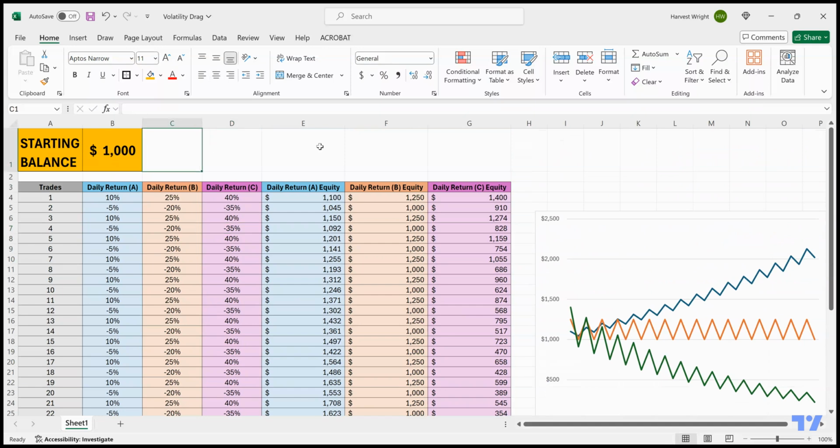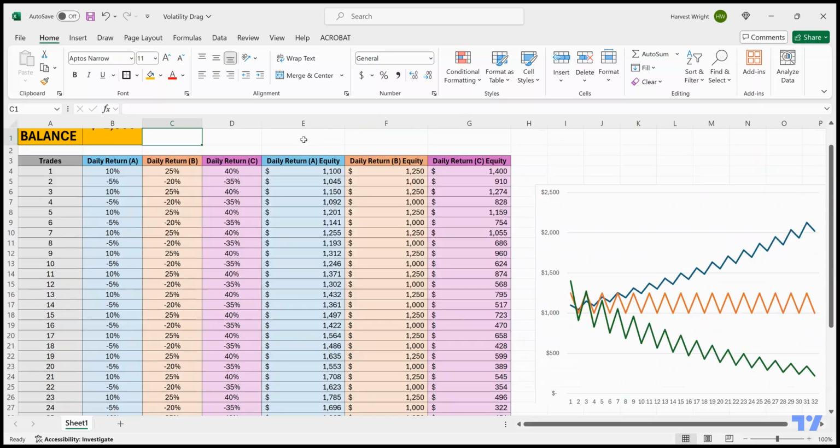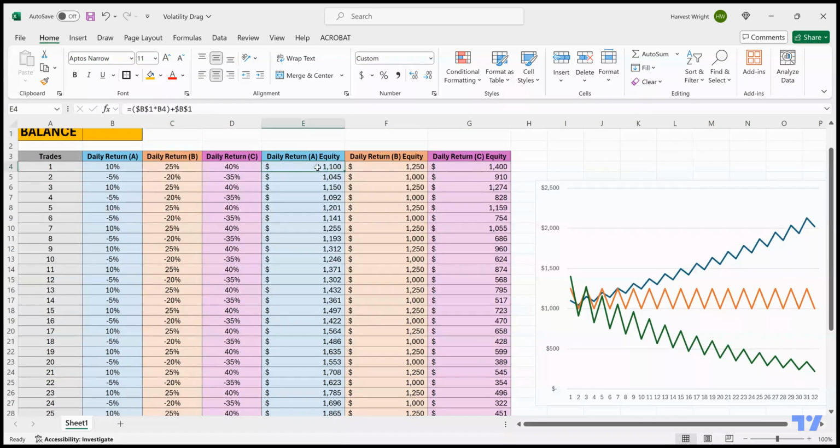Okay, so we have to assume compounding as well, because you're using a percentage of your total balance. So trader A, he makes 10%, so he's up $100, so now his equity is 1,100. He loses 5%, he's down to 1,045, and then he makes 10%. He is at 1,150.